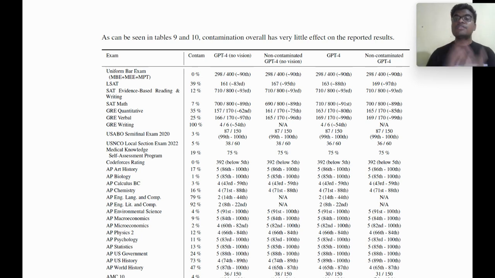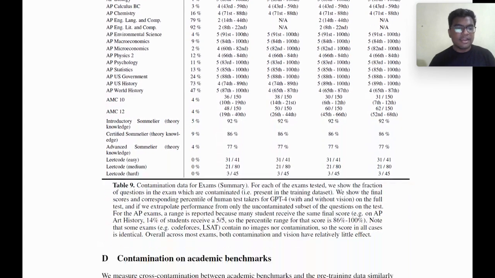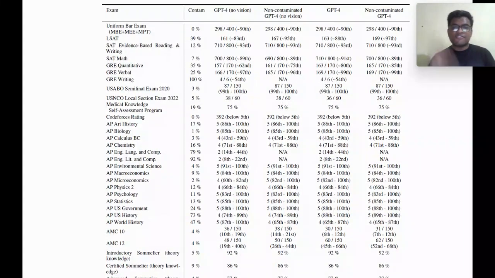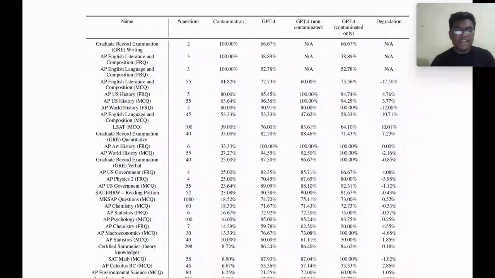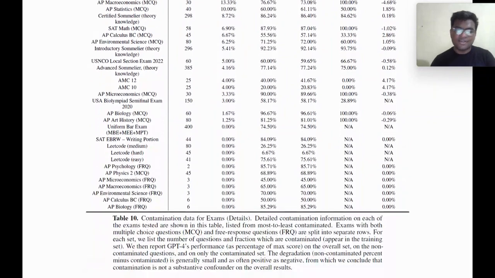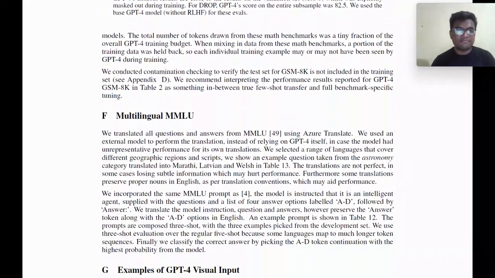Even with no vision, on the non-contaminated GPT-4, among 400 participants it scored 298, and it almost secured the 90th percentile. From this point of view, I realized GPT-4 has major advantages over the other models that OpenAI has done. I was taking all of these things in from my side.